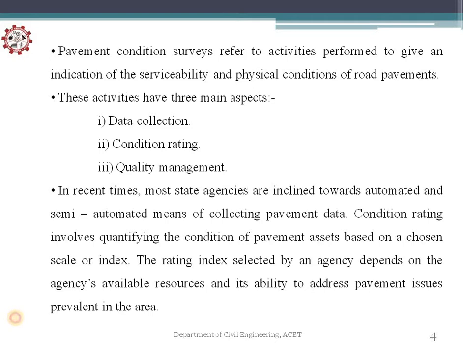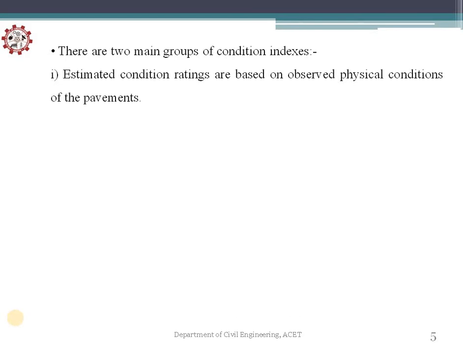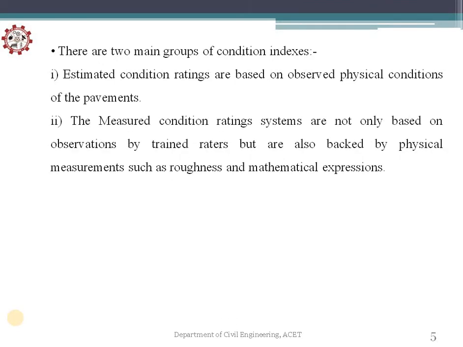Next, there are two main groups of condition indices. First, estimated condition ratings are based on observed physical conditions of the pavements, and second, measured condition rating systems are not only based on observations by trained raters but also backed by physical measurements such as roughness and mathematical expressions.